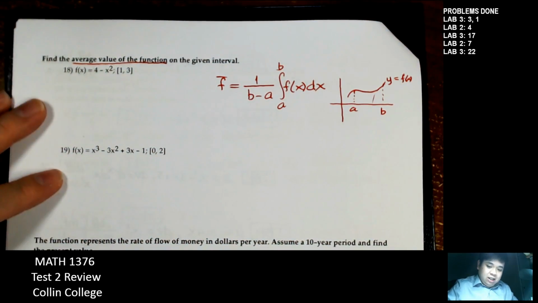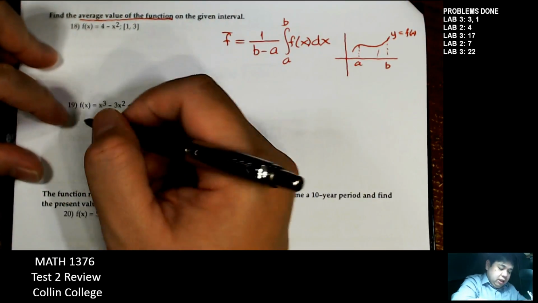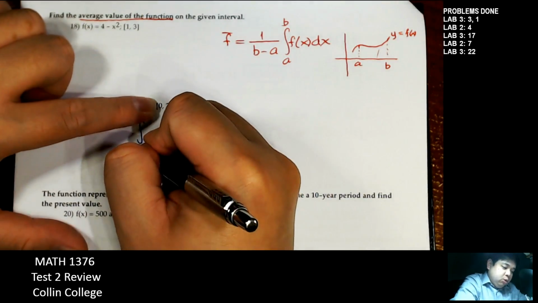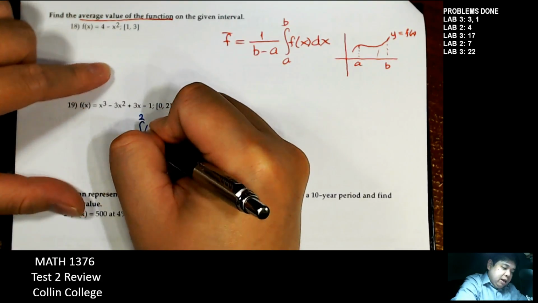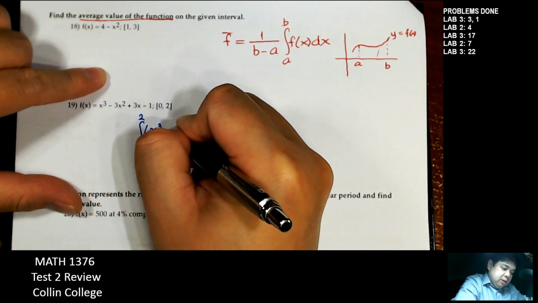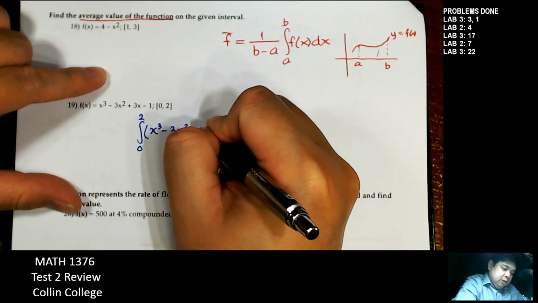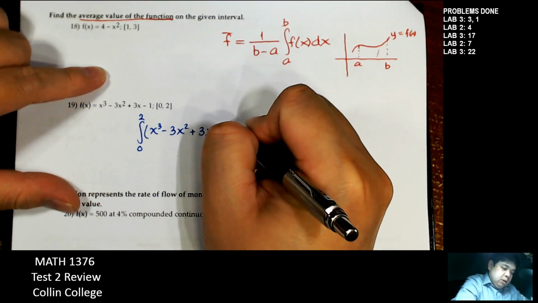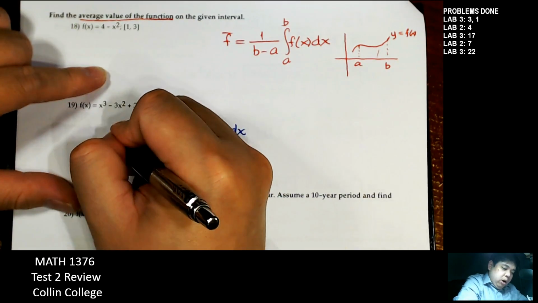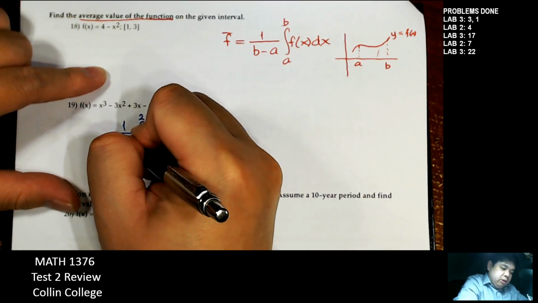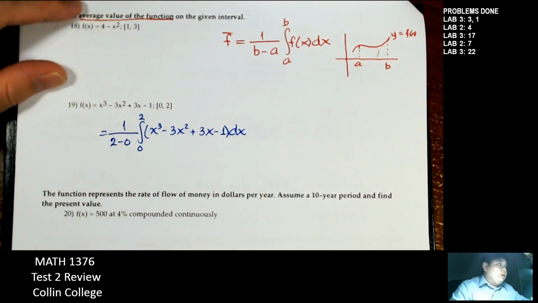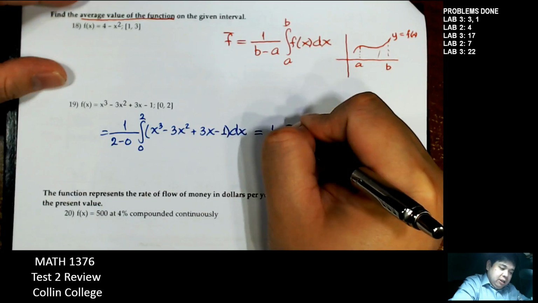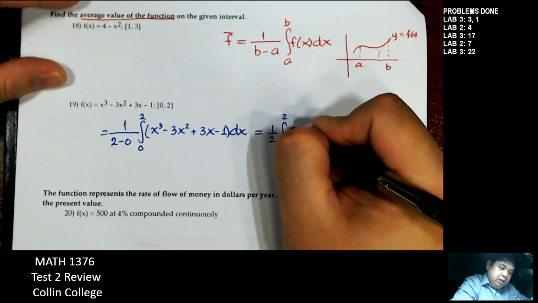So I'm looking at 19 here. The integral will be from 0 to 2 of the function, and then we have 1 over 2 minus 0. Exactly that formula, so I have 1/2 times the integral.